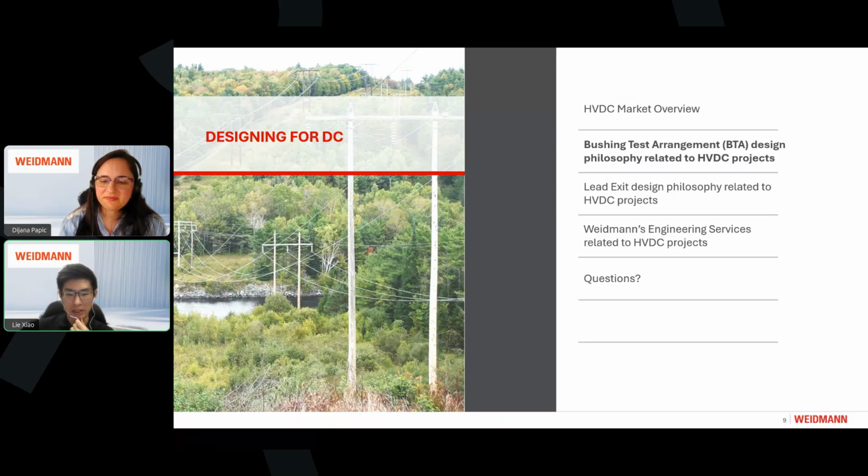I have been deeply involved in HVDC projects with voltage levels up to plus minus 800 kV DC, and involved in the whole cycle from design, manufacturing, FAT, and on-site assembly. So let's discuss more details of the HVDC. Let's go to page 10.